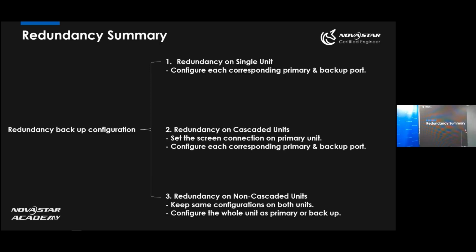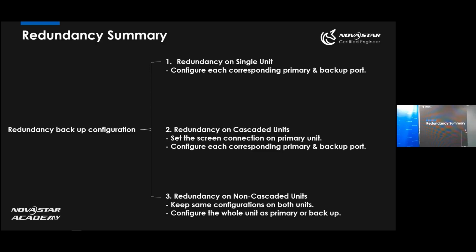Like we have 2 or 3 controllers cascaded together by Ethernet cable or other cables. In this kind of situation, we only have to set the screen connection on the primary unit. No need to do the screen connection for the backup device. And then we go to the backup settings and configure each corresponding primary and backup port 1 by 1, similar to the first situation.